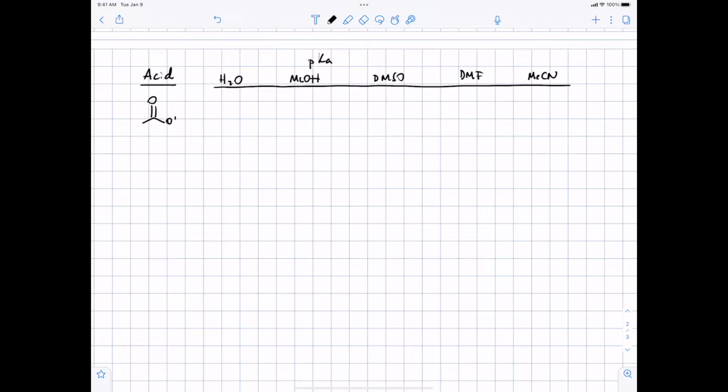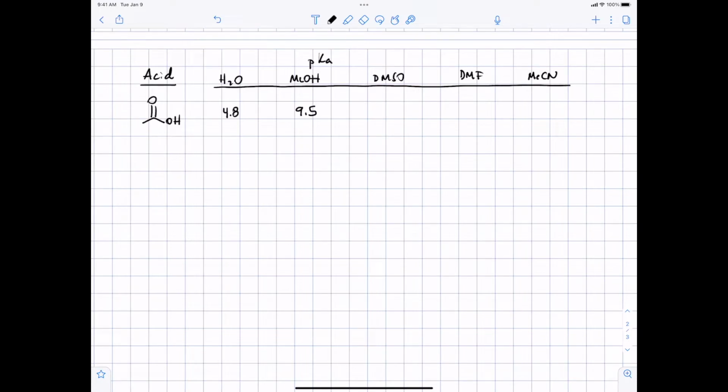Here is acetic acid. So by thinking about the pKa, again, we're measuring the ability of acetic acid to lose its proton to any of these solvents. In water, the pKa of acetic acid is 4.8. In methanol, it's higher. Why is that?